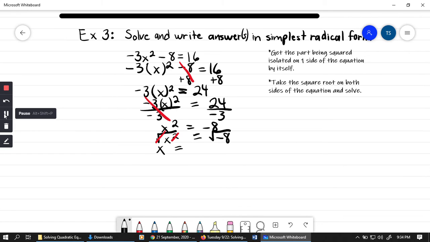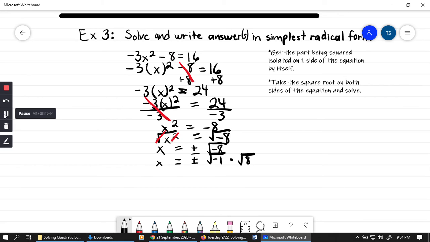On the right side of the equal sign we're going to be left with plus or minus square root of -8. And remember, because we're taking the square root of a negative number, this is going to be an imaginary solution. So again, remember we had said that the square root of negative 8 is the same thing as the square root of negative 1 times the square root of 8.